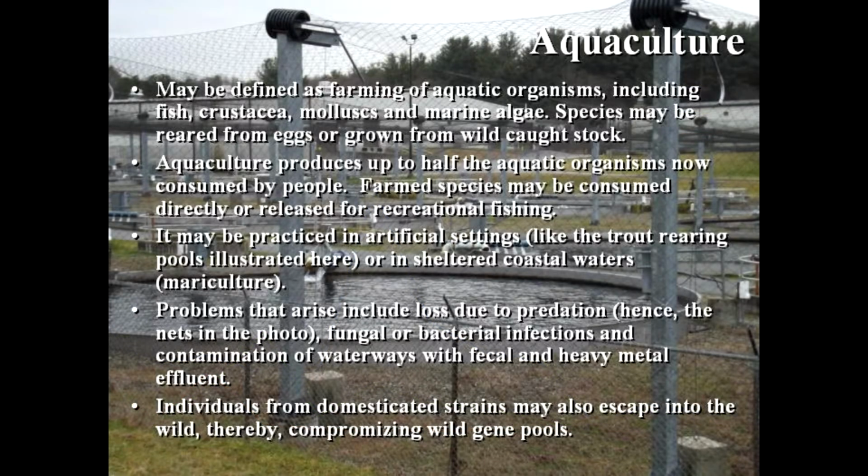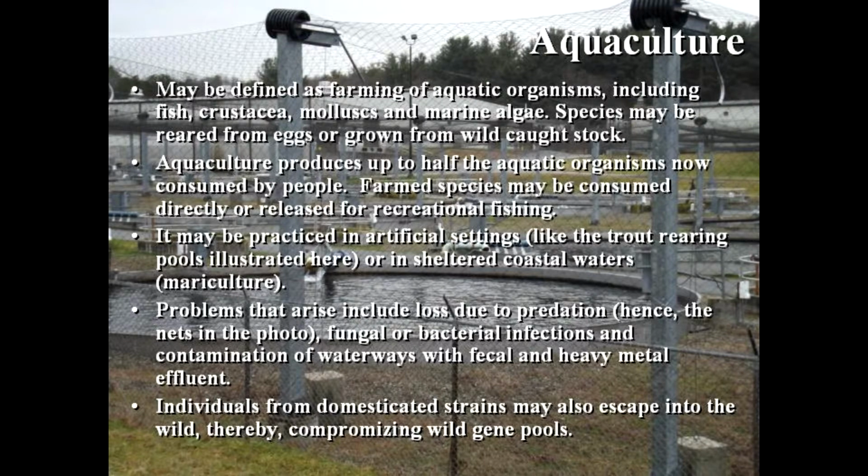Now, just like it is possible on the land to practice agriculture, it is also possible to do that in the ocean, or for that matter in freshwater. A whole field called aquaculture has developed around farming various sorts of aquatic organisms for the market. So, for example, species like freshwater fish are grown for release for sport fishermen, and that's what you see going on in this image here.